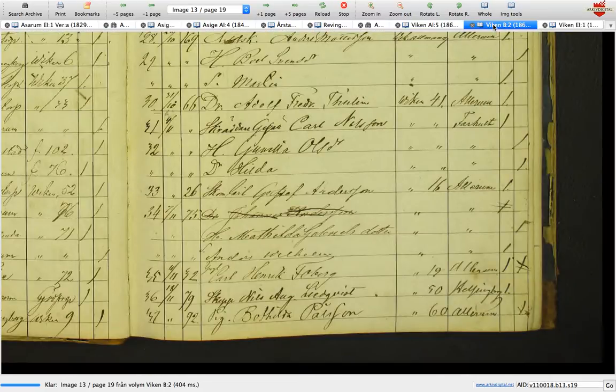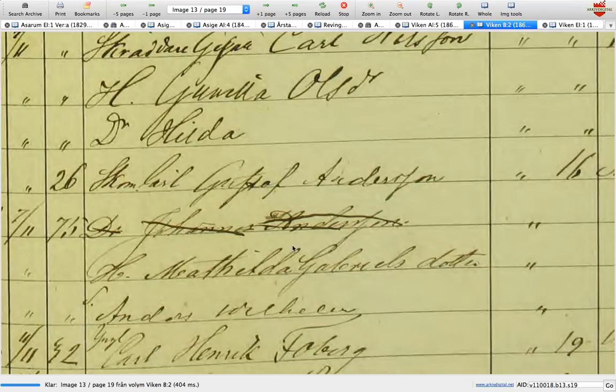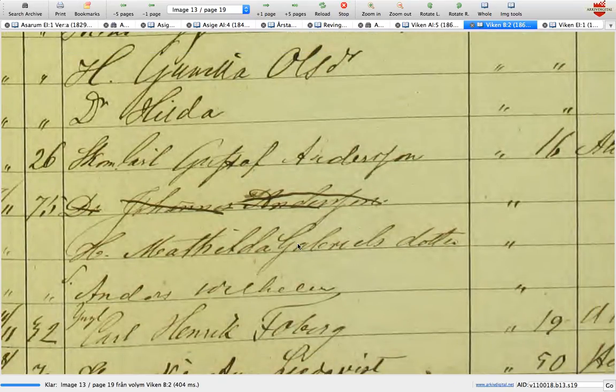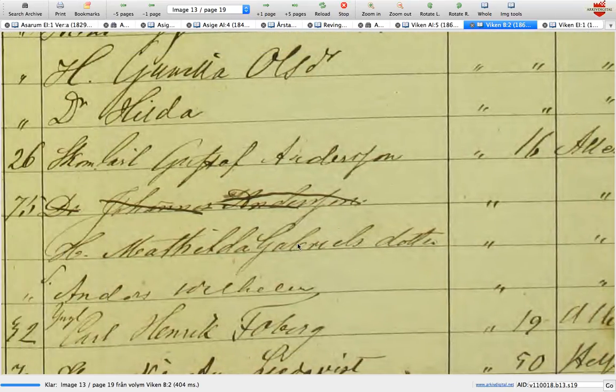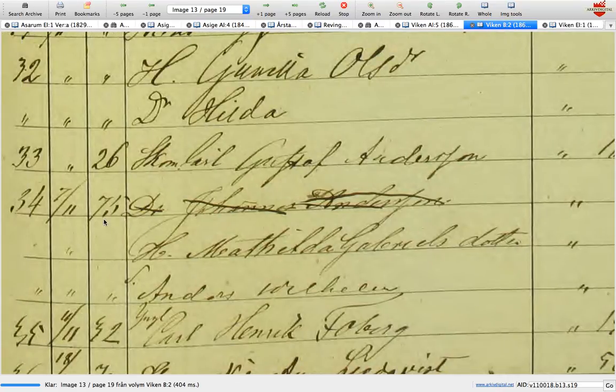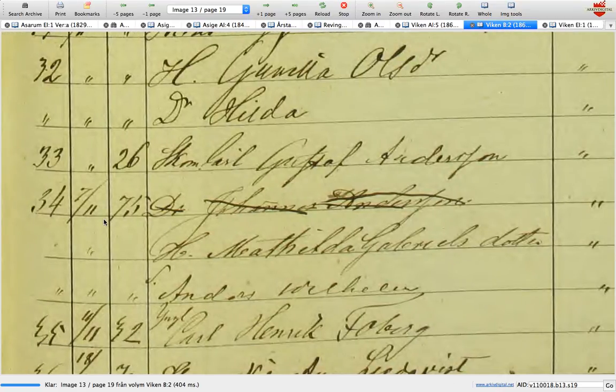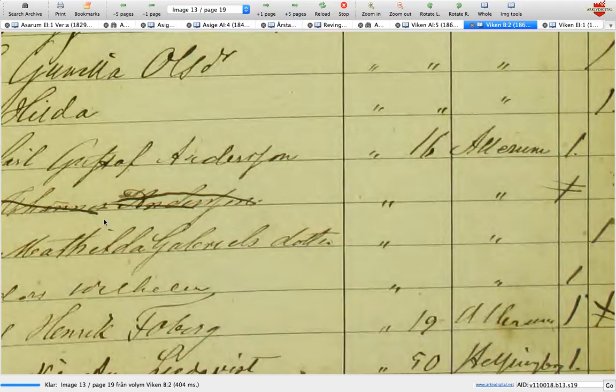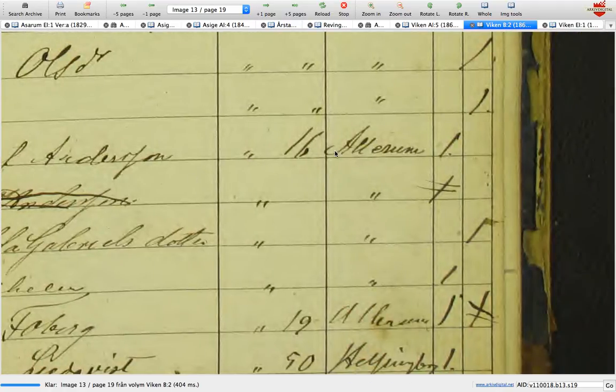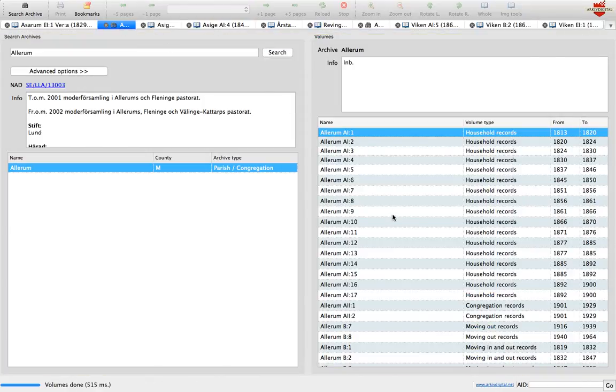34. There. So then we have Johannes Andersson. Dräng, it's farmhand. So they are moving the 711 to Allerum. And then we go to Allerum.